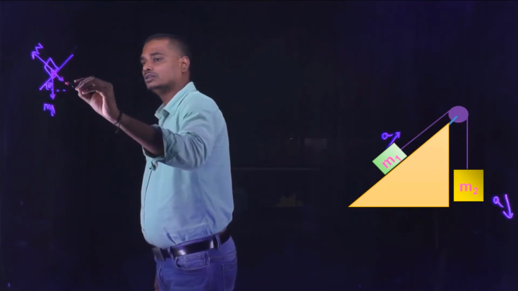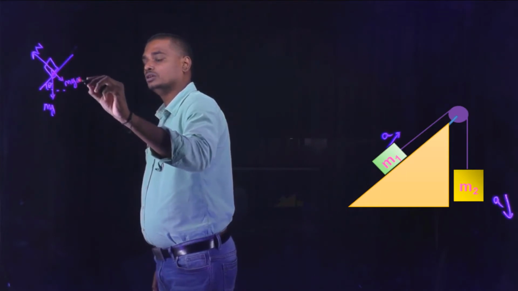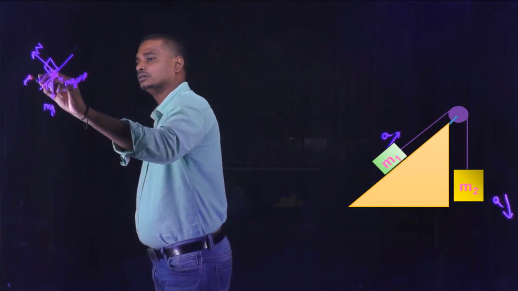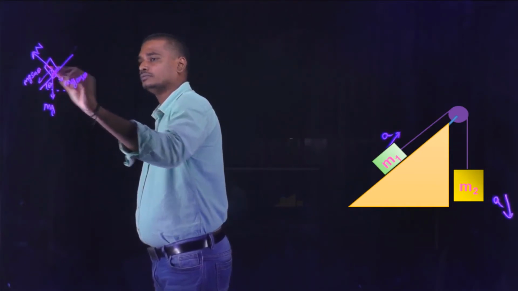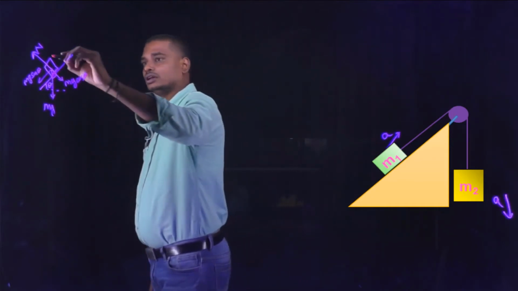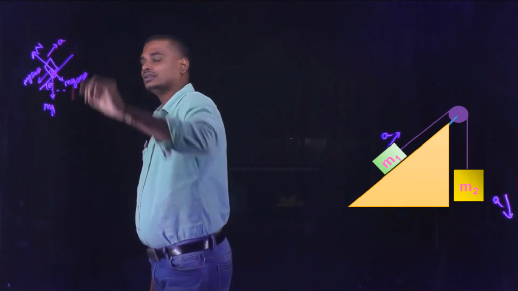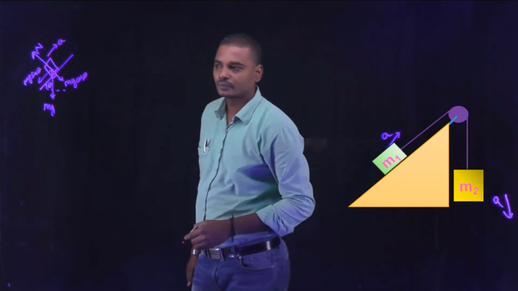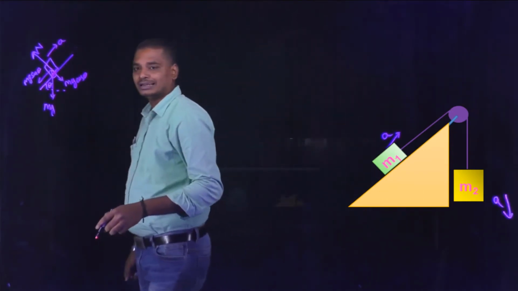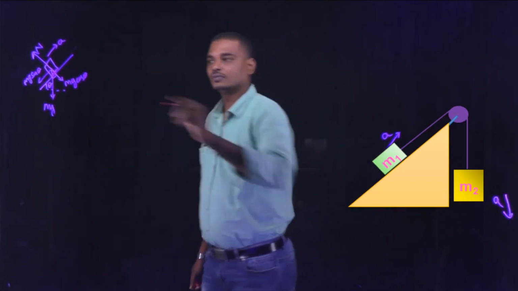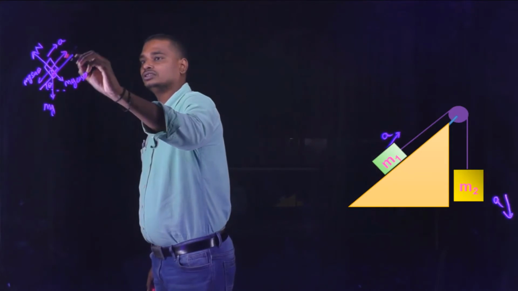As this angle is also theta, it is mg cos theta in this direction, and mg sin theta in this direction. As there is an acceleration a in this direction, the net force acting on it is ma. There is also a tension T in the string in this direction.